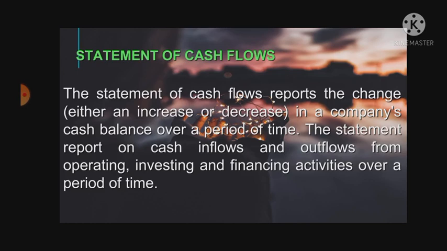Cash comprises cash on hand and demand deposits. Cash equivalents are the short-term, highly liquid investments that are readily convertible to known amounts of cash and which are subject to an insignificant risk of change in value. Cash flows are inflows and outflows of cash and cash equivalents.